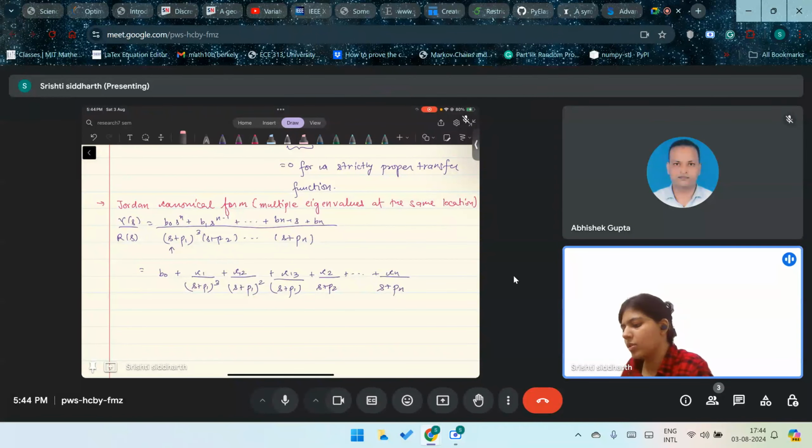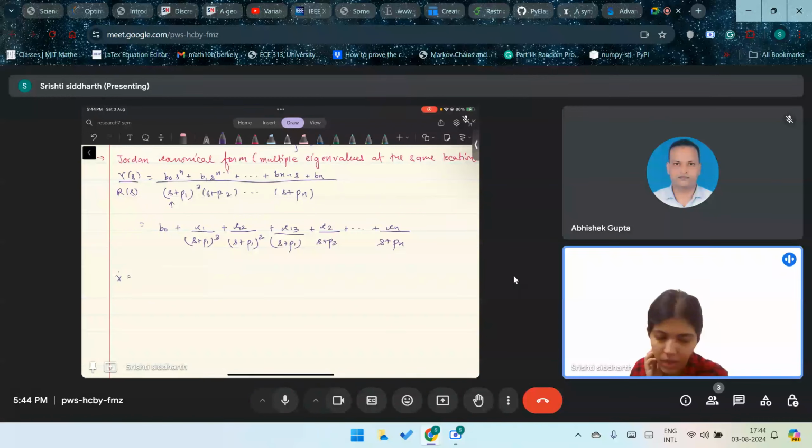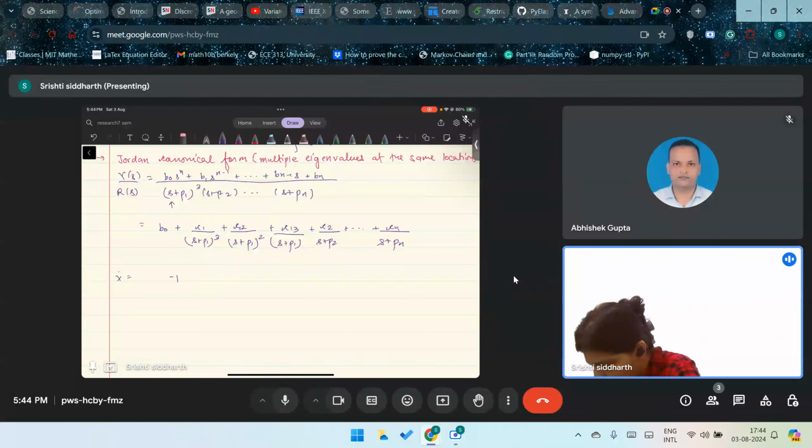Okay, so if you have written it down like this, x dot would be, okay, so the first pole is p1 and it's a repeated pole. So let's just write down the Jordan block for this. Minus p1 and 0. Then you would have 0, minus p1, 1.